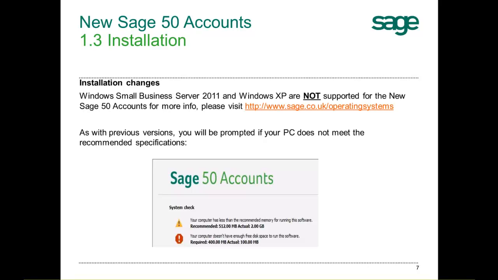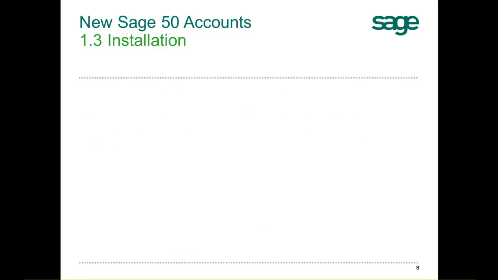If for any reason you are using Small Business Server 2011, then you can speak to the support team, and there currently is a workaround to get the install to work. So if you speak to the support team on 0845 111 1111, they'll be able to talk you through the workaround.